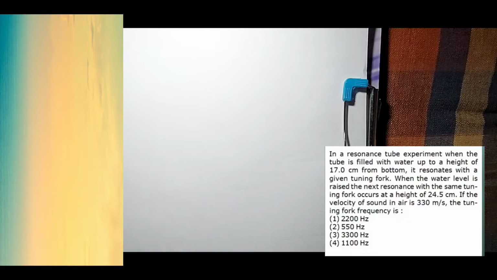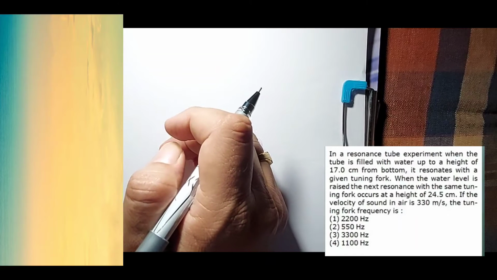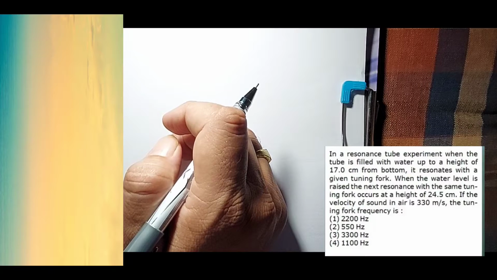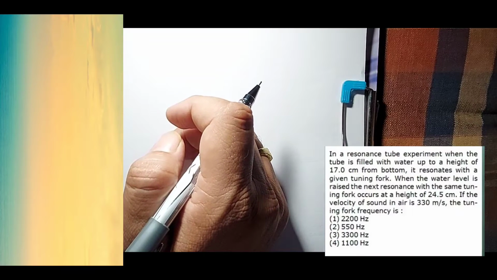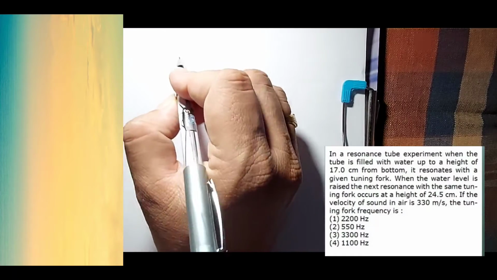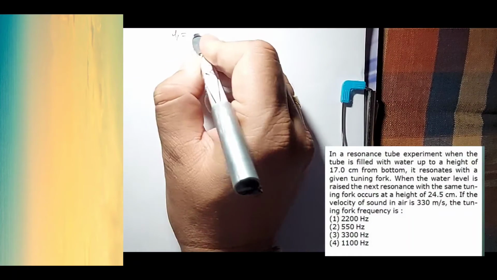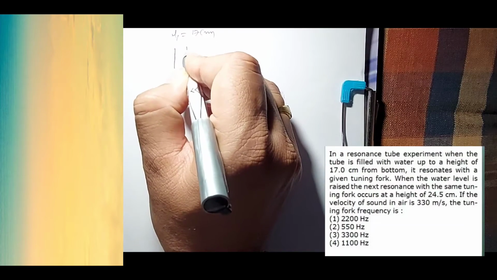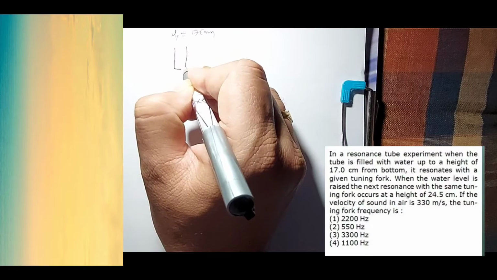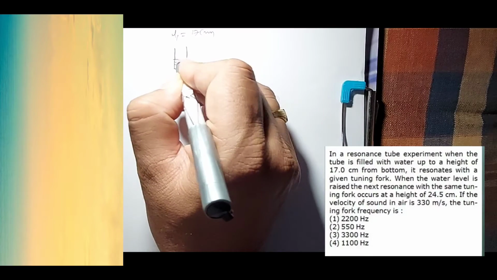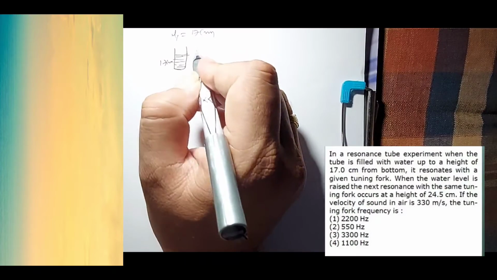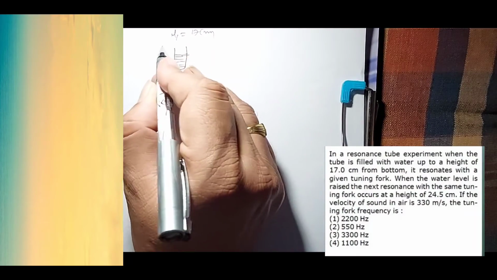So let us discuss another question. In a resonance tube experiment, when the tube is filled with water up to a height 17 centimeters from the bottom, it resonates with a given tuning fork. That means here L1 is given as 17 centimeters. So this is a resonance tube, and this is a tuning fork.